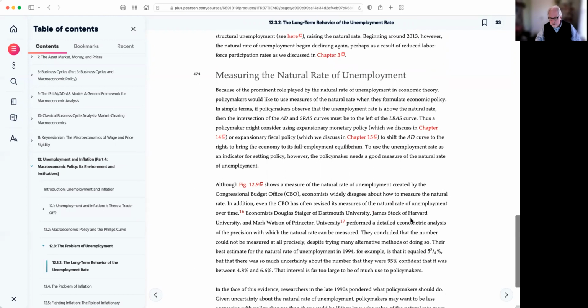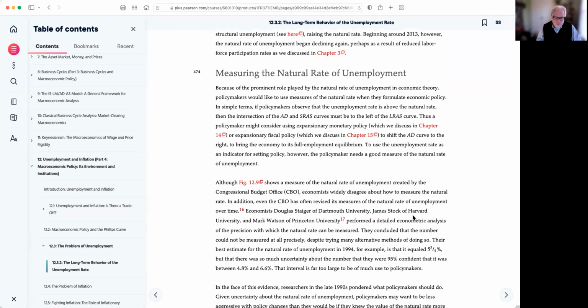The problem is that it is really difficult to determine. So if the unemployment rate is 5%, is that at full employment or is that higher than full employment? Say the full employment rate of unemployment is 4% and the actual rate of unemployment in the economy in any given month is 5%.